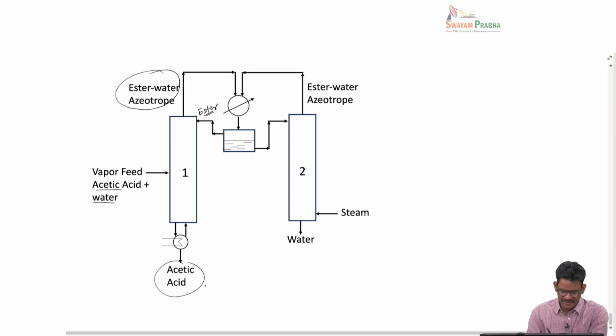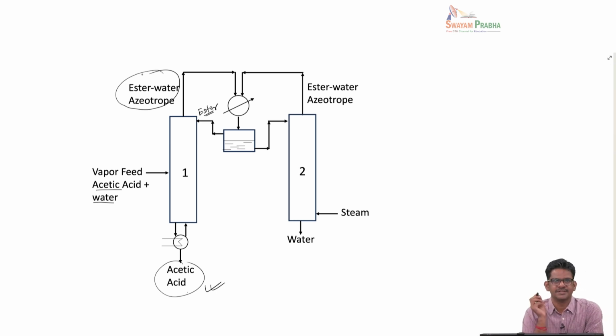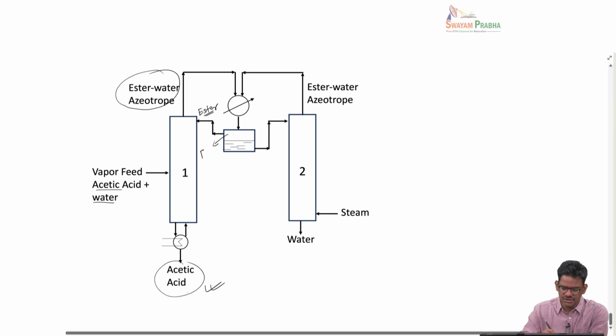So this is what you want to get as a pure product. Now, if you look at the top product, you take this ester water vapor mixture and send it through a condenser, and you liquefy it. When you liquefy, the liquid will phase separate into an ester rich layer and a water rich layer.